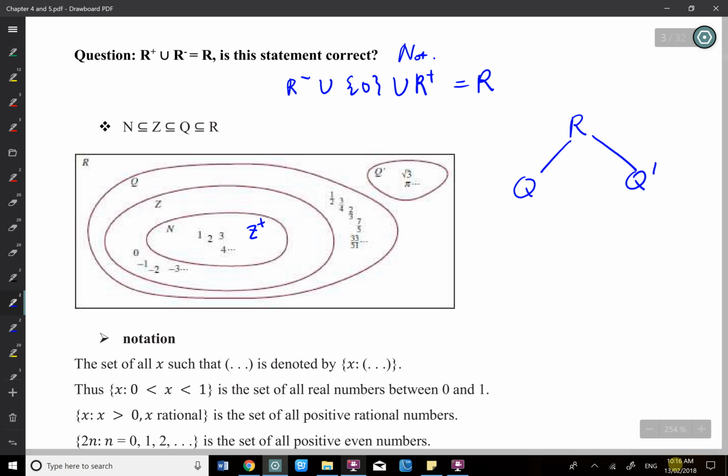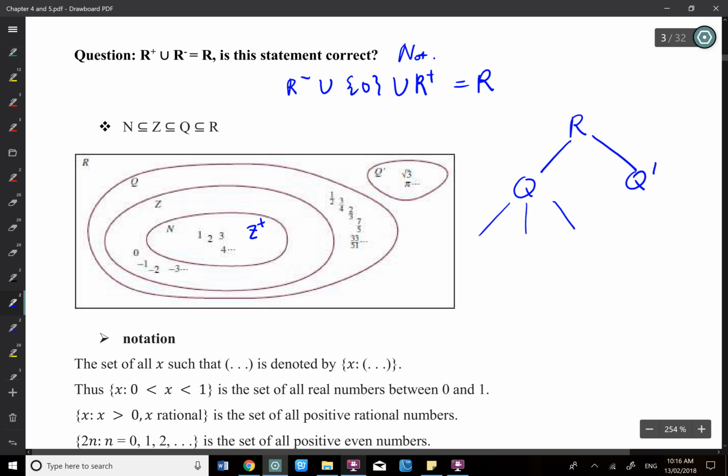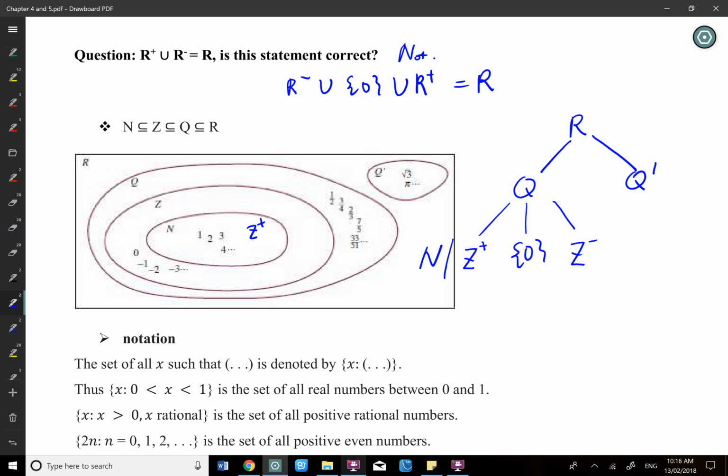And then in the rational numbers, we have Z plus, 0 and Z minus, and Z plus is the same as the natural numbers N. That's the relationship. Z is a rational number, and a rational number belongs to R as well.